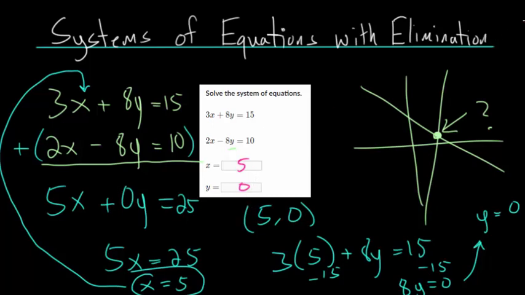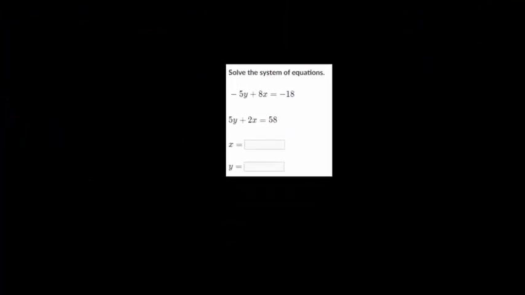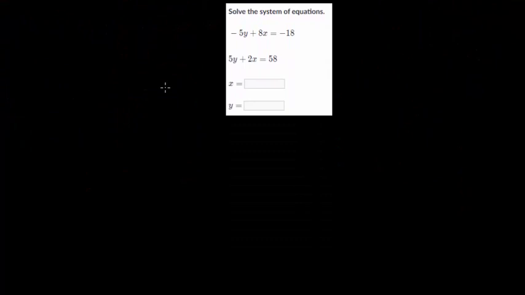So let's do a few more problems of these so we can get some practice. And in most of these, you're just trying to determine which variable you should eliminate. So in this one, minus 5y plus 8x is minus 18. And notice the coefficients on y are opposites. So if they're either opposites or the same, then that's the variable you want to eliminate.